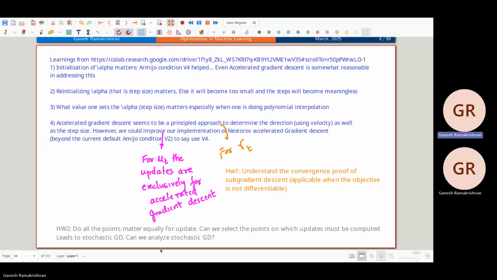The second is that the way step sizes are adjusted to rescue you from non-descent regions is also important.